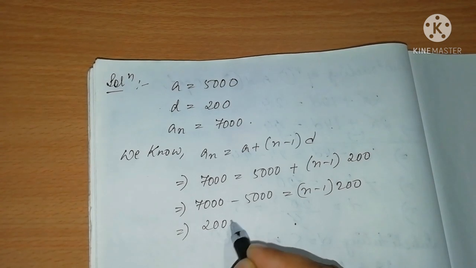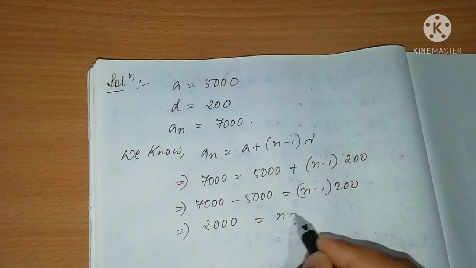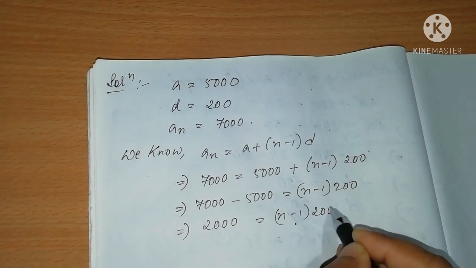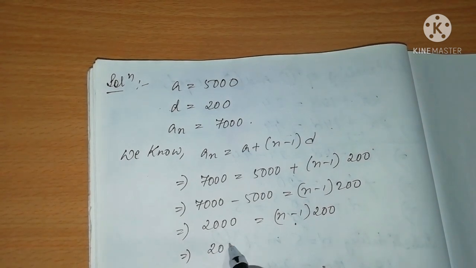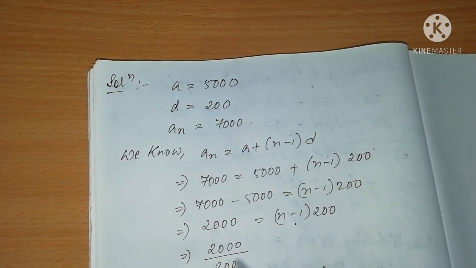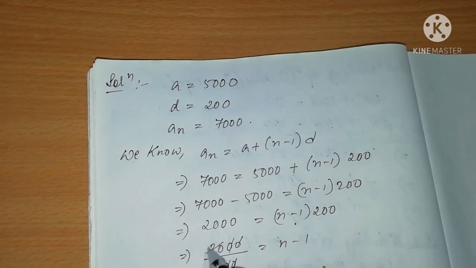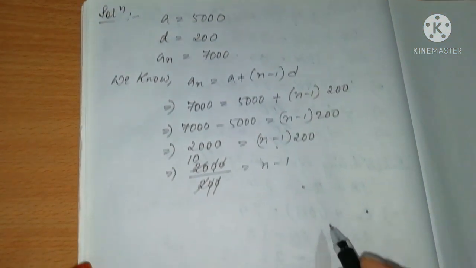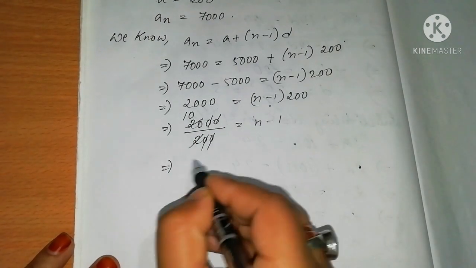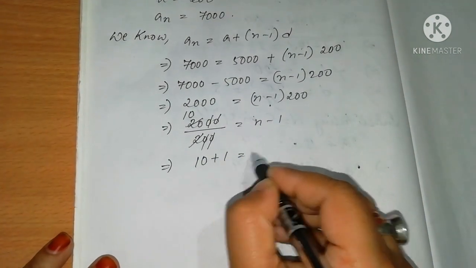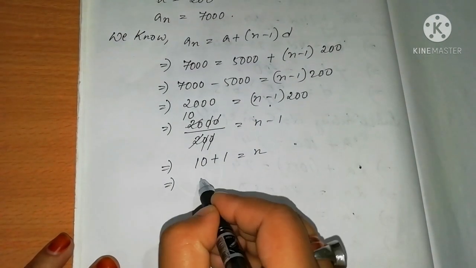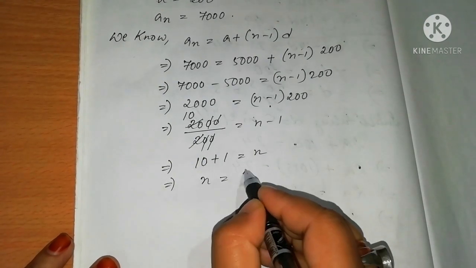So we'll get 2000 equals N minus 1 times 200. So 2000 divided by 200 equals N minus 1. 0, 0 cancel, 2 tens are 10. 10 plus 1 equal to N. That means here N equal to 11.